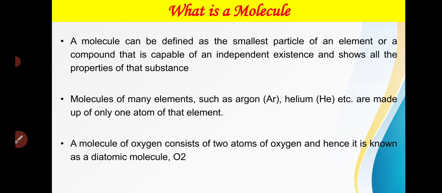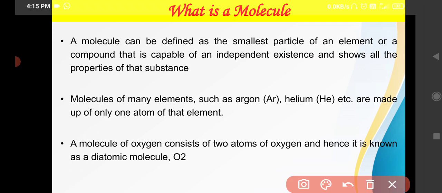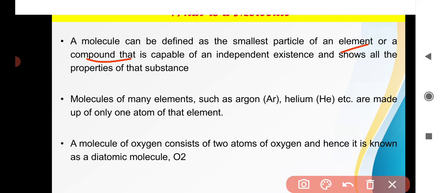What is a molecule? A molecule is defined as the smallest species of an element or a compound that is capable of independent existence and shows all the properties of the substance. So a molecule is the smallest particle which has independent existence and can show all the properties of that substance, either an element or a compound.